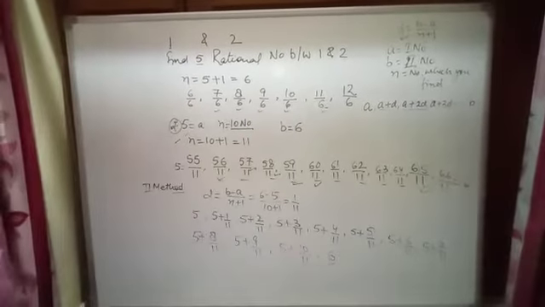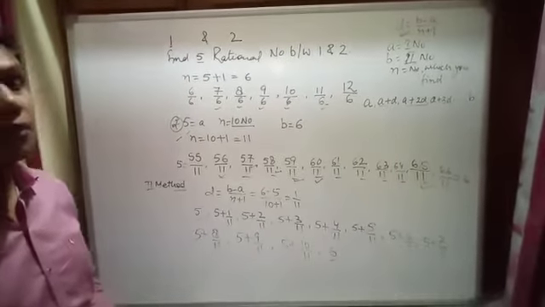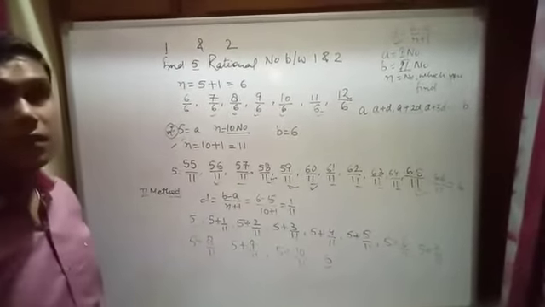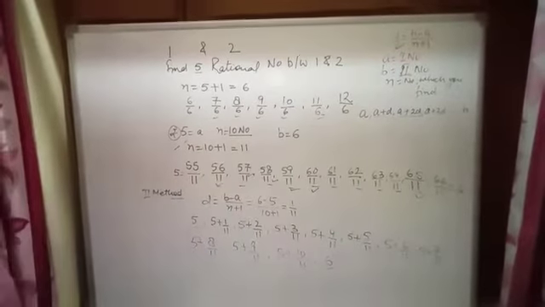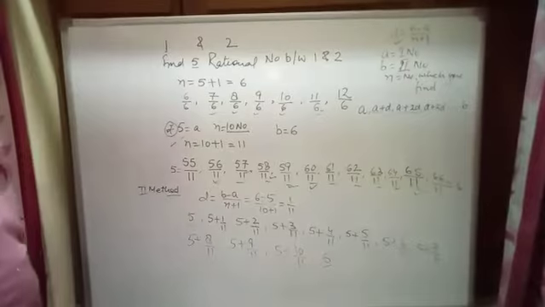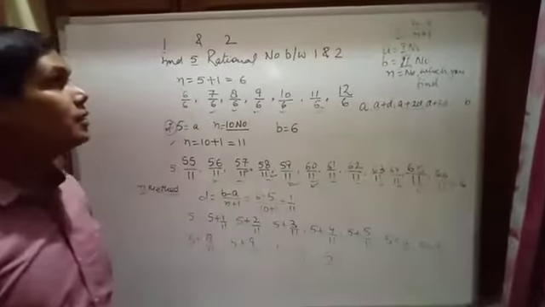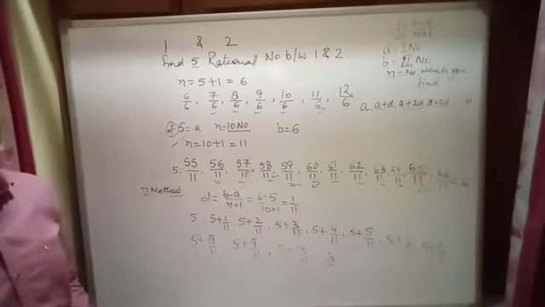We can find infinitely many rational numbers between these two given numbers. 10 is not the limit, or 5 is not the limit for 1 and 2. Is that clear? We can find infinitely many numbers between two rational numbers.